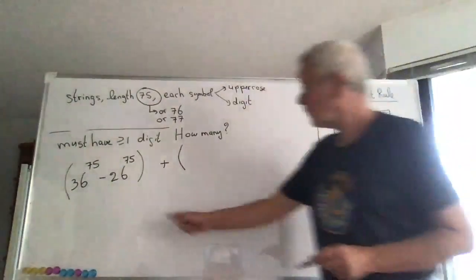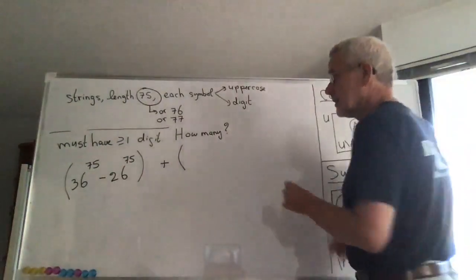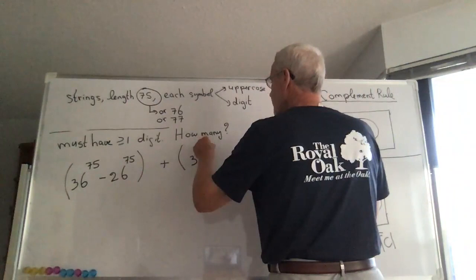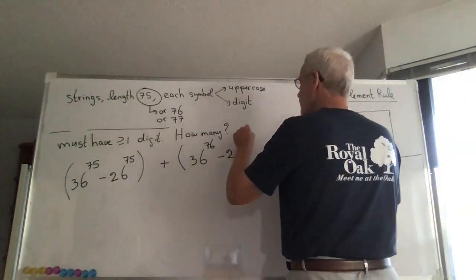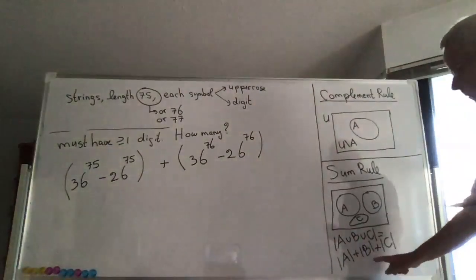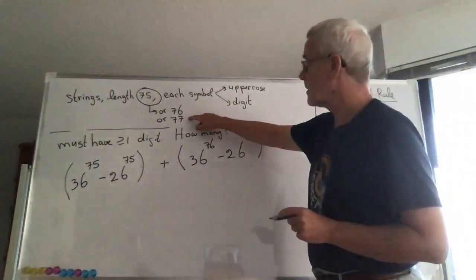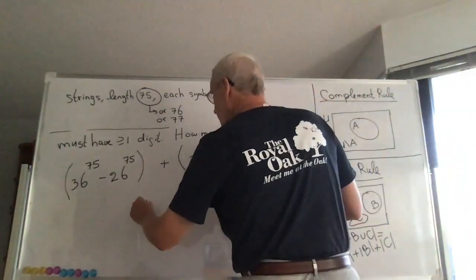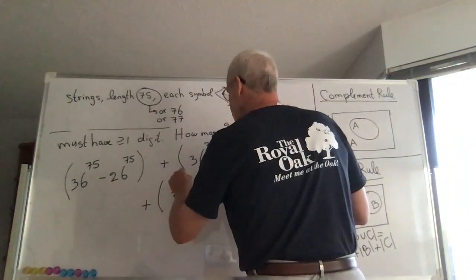Of course, we get the same expression, except the exponents become 76. So then we have 36 to the power 76 minus 26 to the power 76. So this is the size of B. And how many strings of length 77 are there of this type? And of course, that is the same expression, but now the exponent becomes 77.